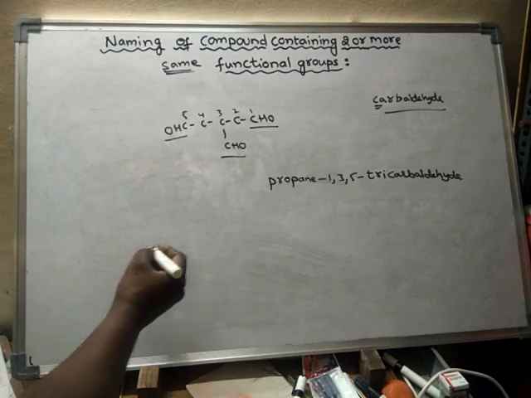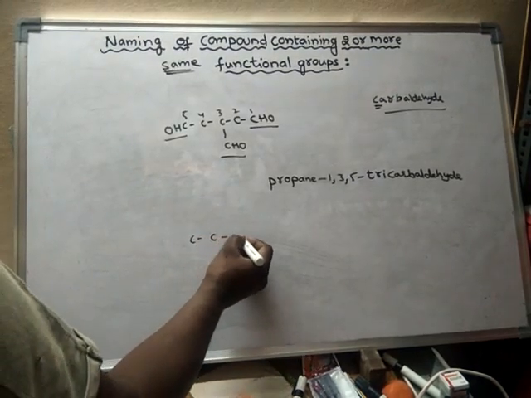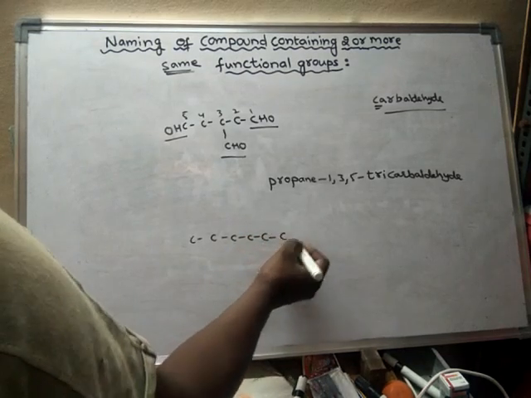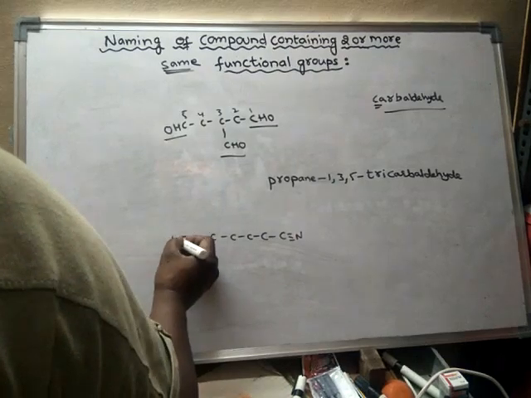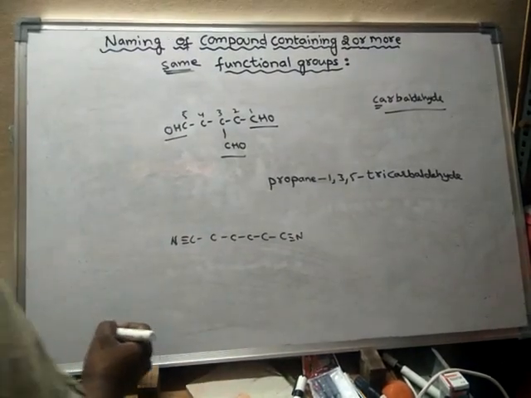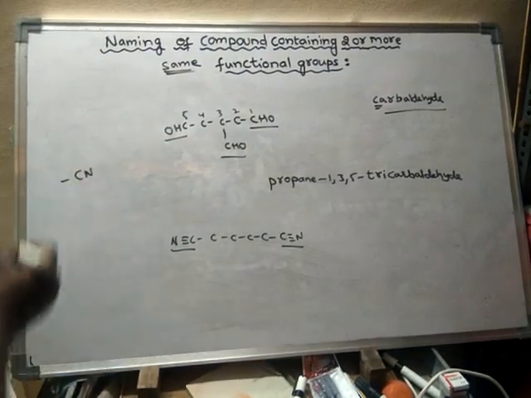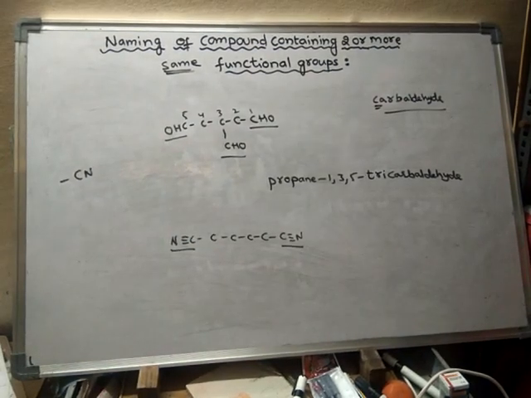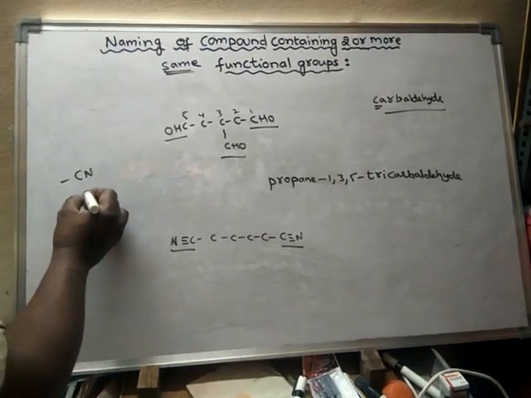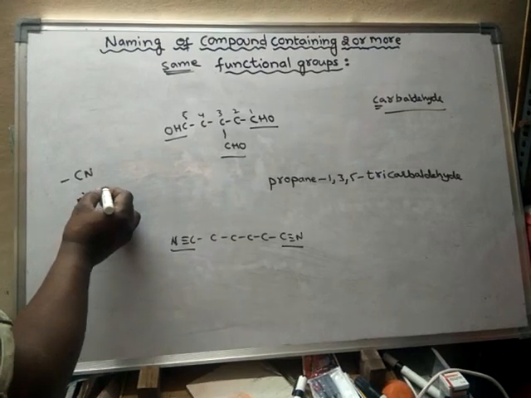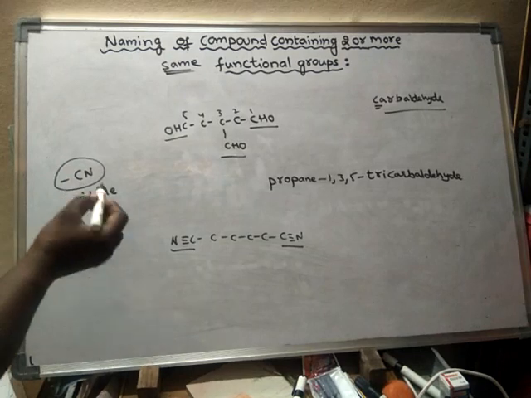Now let us try another compound. CN means cyanide. So this is the cyanide functional group. For cyanide groups we have to use nitrile as a secondary suffix if only a single cyanide is present.